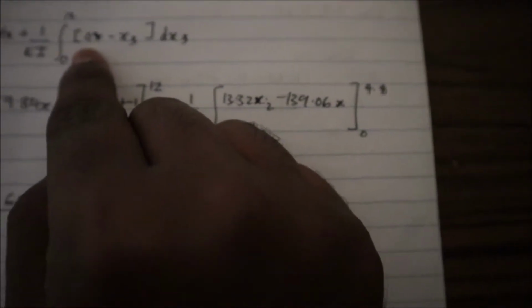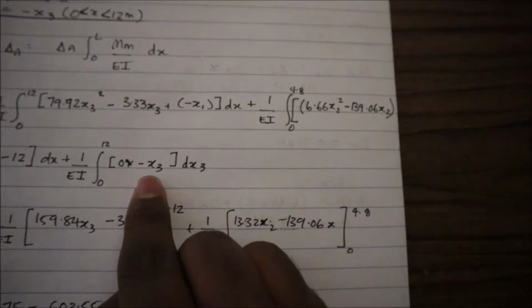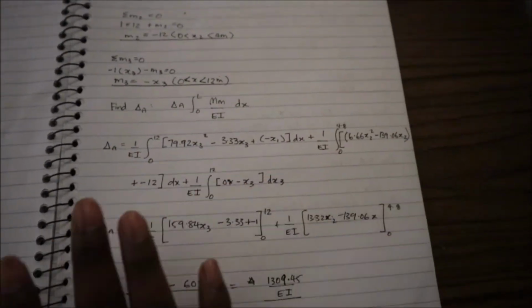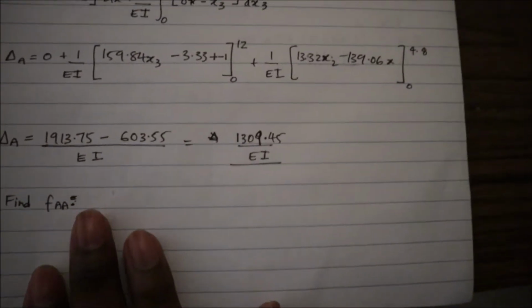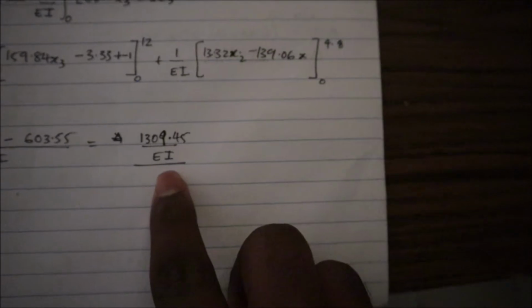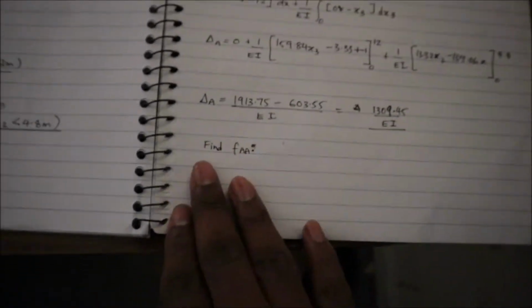Yep, 0 x, minus x3 dx3. We've gone about solving that, input all the values in, and we've come to the final value: change in a is equal to 1309.45 over EI.